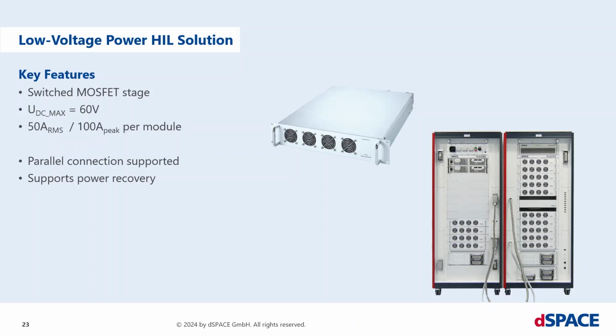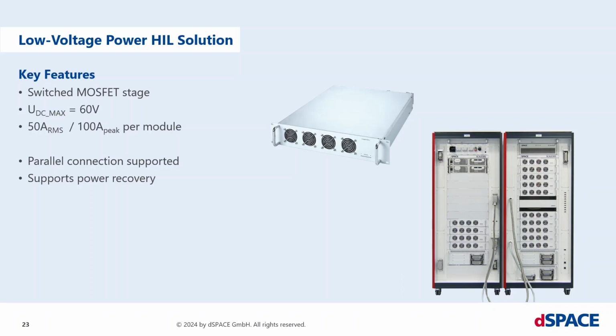Again, parallel connection of these load modules is supported, so we can scale the overall system power by connecting many of these load modules in parallel. And we have the same principle: all functions are connected via a common DC link, so we also support power recovery. Here in the picture, you see many of these load modules connected in parallel to get the overall system power.